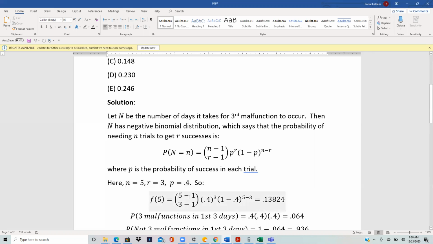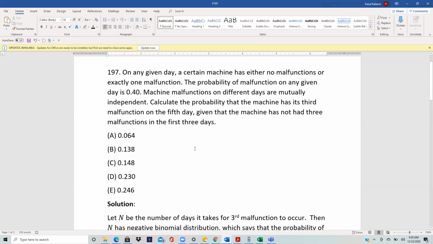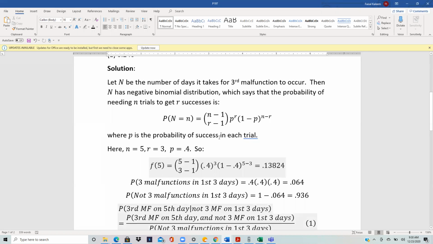But that's not our answer because the question was the probability that the machine has its third malfunction on the fifth day given that the machine has not had three malfunctions in the first 3 days. Three malfunctions in the first 3 days will be 0.4 times 0.4 times 0.4, because malfunction on the first day and on the second day and on the third day.